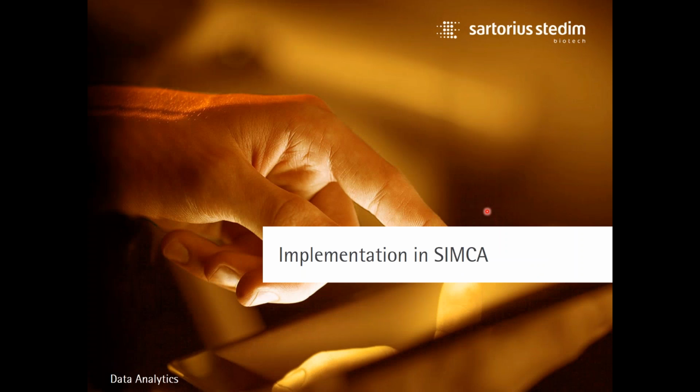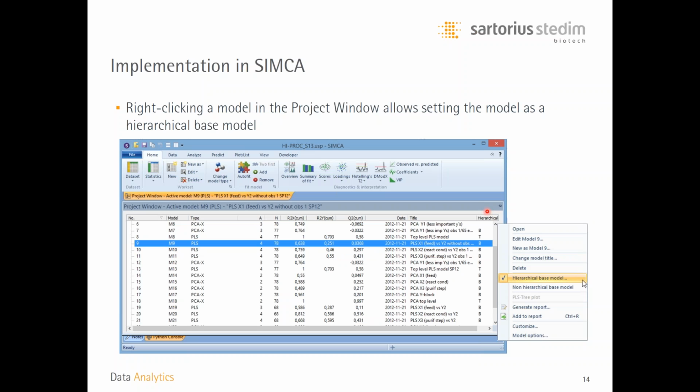Now we are going to look at the implementation in the Simca software. So here the graphic shows what we call a project window, and you can see that in this project window we have 15 or so models, PCA models and PLS models with the usual detailed statistics.